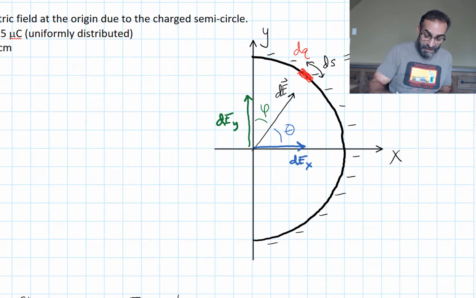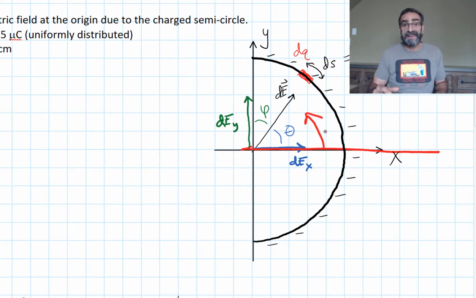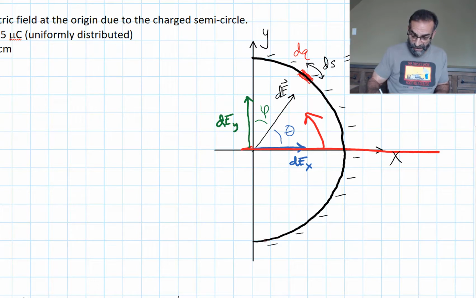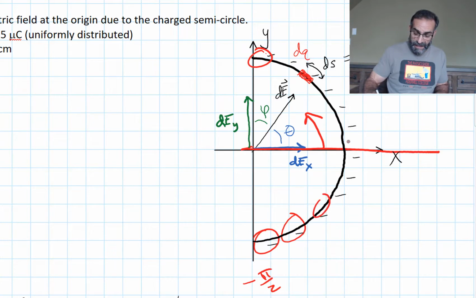Theta is measured from the positive x-axis. That means that our charge distribution, we've got charges all the way down here, all the way up until we get to this point at the top. So the charges are located everywhere from minus pi over 2 through 0 and up to positive pi over 2.